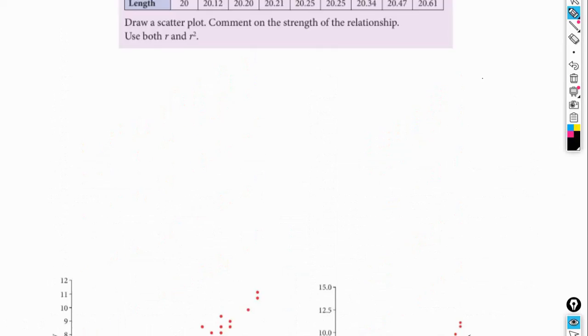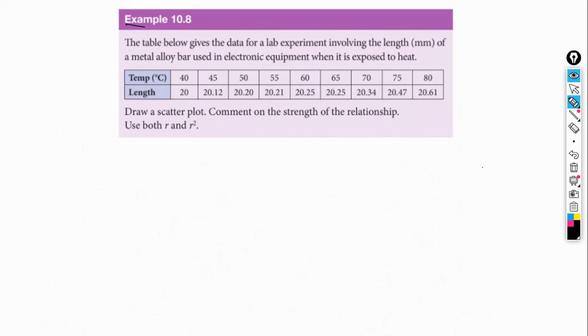So next we have example 10.8, and it says, the table below gives us the data for a lab experiment involving the length in millimeters of a metal alloy bar used in electronic equipment when it is exposed to heat. Notice that we have temperature and the length of the metal alloy bar.